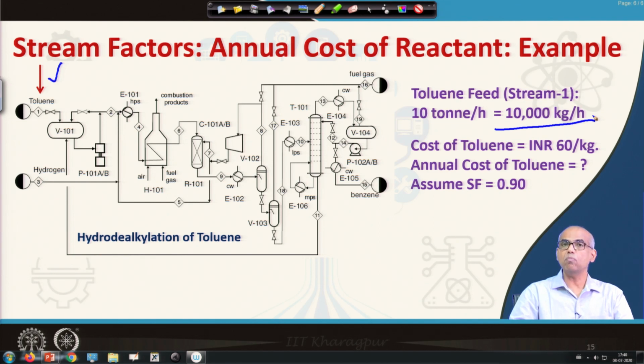Assume a stream factor of 0.9. This stream factor will allow you to find how much toluene needs to be processed in 1 year. And then from the cost of toluene, rupees 60 per kg, we will be able to find out the annual cost of toluene.